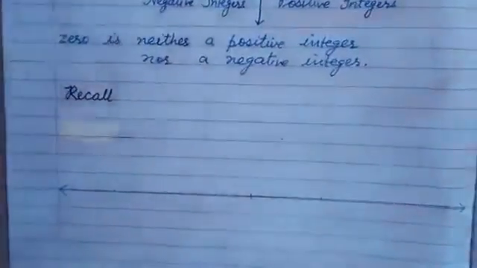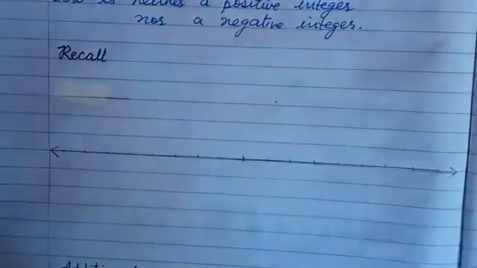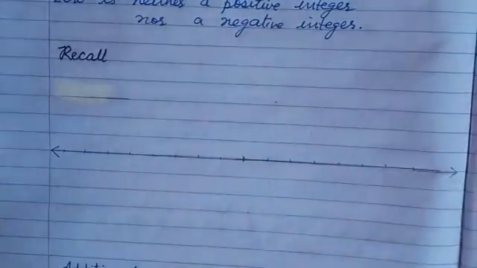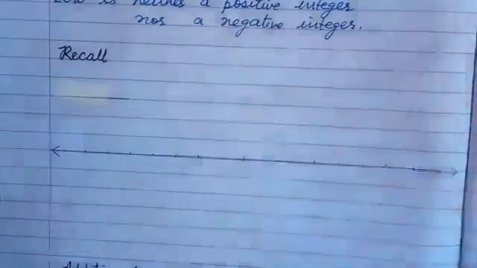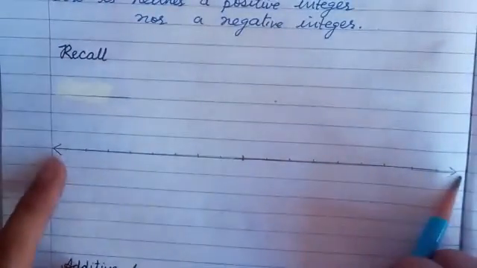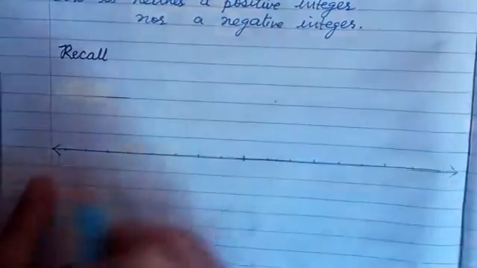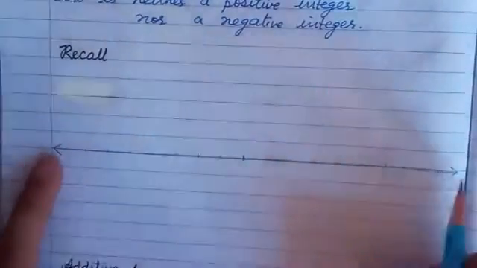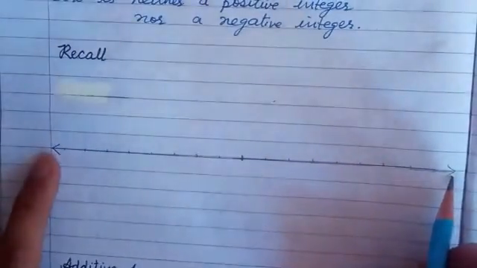You know how to compare integers on a number line? Let us recall. To represent integers on a number line, we draw the line, and use a pencil and ruler to draw the line. And do not forget to put arrows on both the ends.